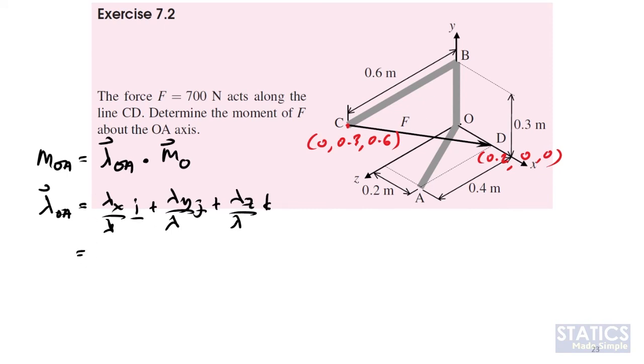So along x, from O to A, it is moving 0.2. So 0.2 i, I will be calculating lambda later on.